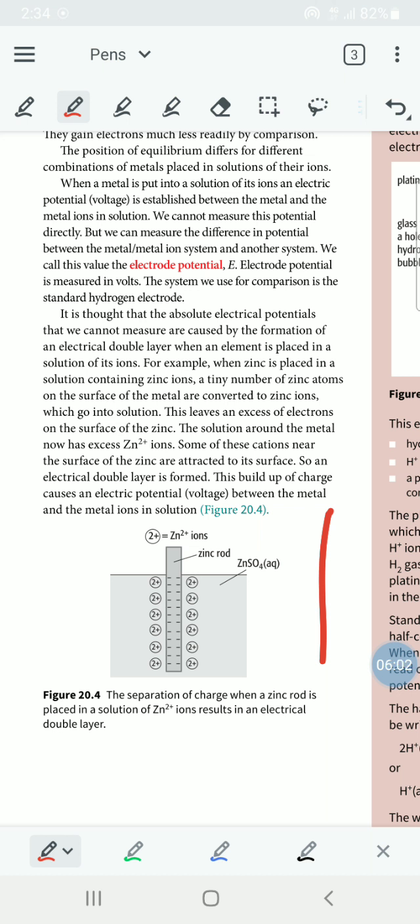So there are more electrons on the surface and they get attracted to these zinc ions, right? Because positive and negative get attracted. So now an electrical double layer, that is the electrons on the surface and zinc ions close to that, come and form an electrical double layer.